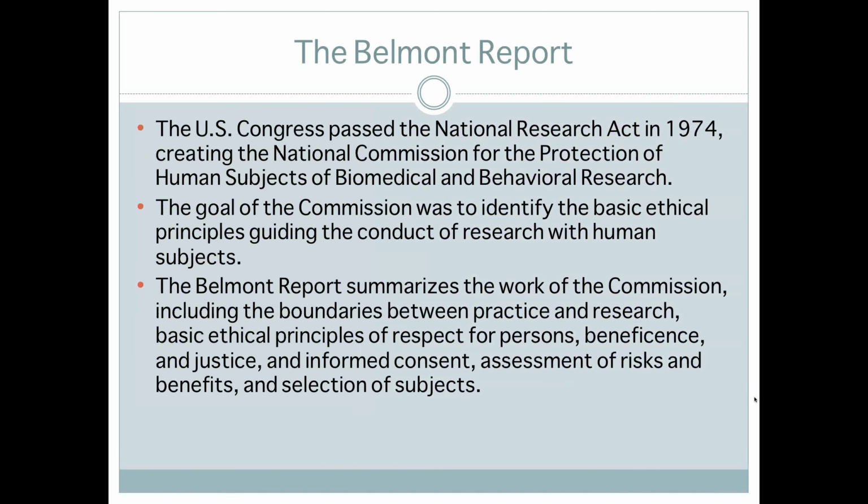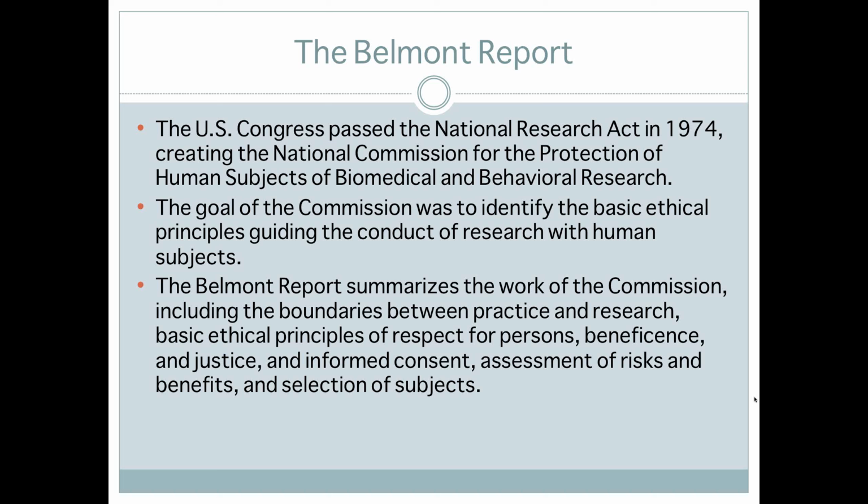The Belmont Report is the report that provides all the ethical principles guiding the conduct of research with human subjects. When the National Research Act was passed in '74, part of the Act, in addition to setting up institutional review boards, was to create the National Commission for the Protection of Human Subjects in Research.